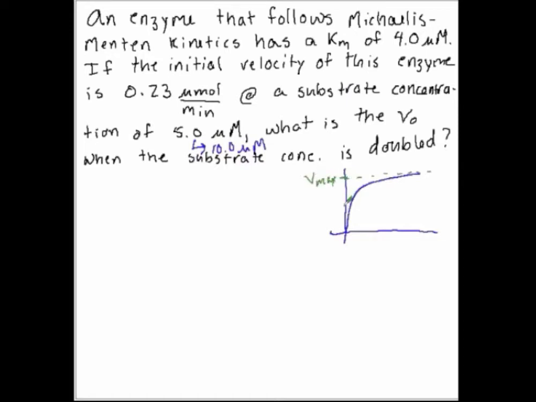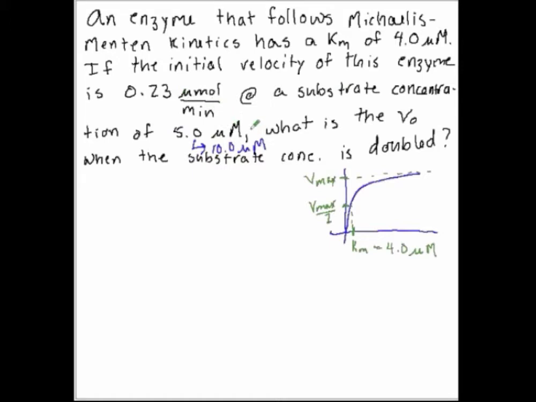Of course, we would have Vmax over 2 at a substrate concentration of the Km. We're actually given that value. We know that the Km is 4.0 micromolar, so we already have that given. And we also know that the initial velocity at the substrate concentration of 5 micromolar is 0.23 micromolar per minute.